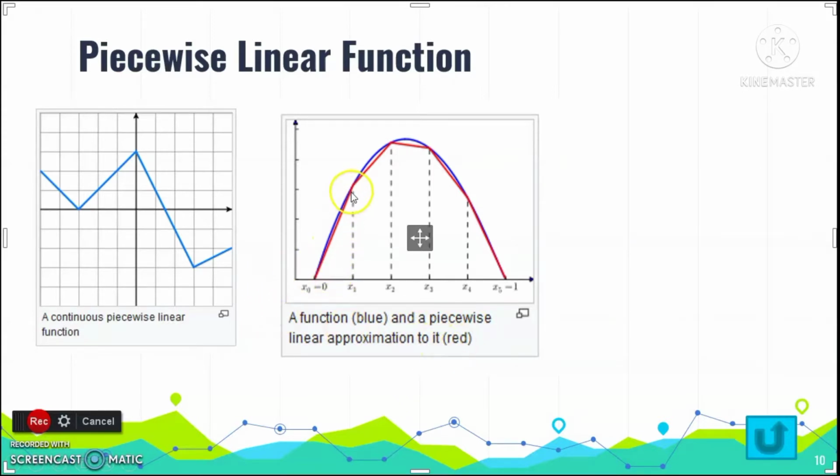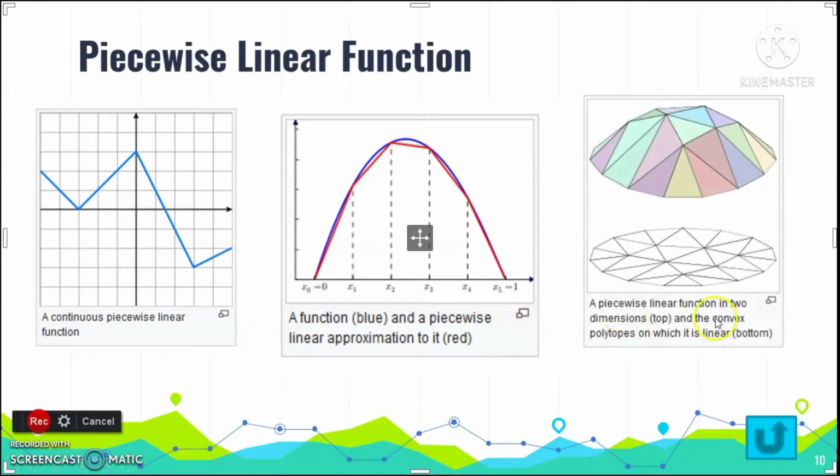The red is a linear function and the blue is a quadratic function. So that is a piecewise function. We also have here a piecewise linear function in 2 dimensions, top, and the convex polytopes on which it is linear, bottom. As you can see, that is composed of a piecewise linear function, a lot of linear functions.